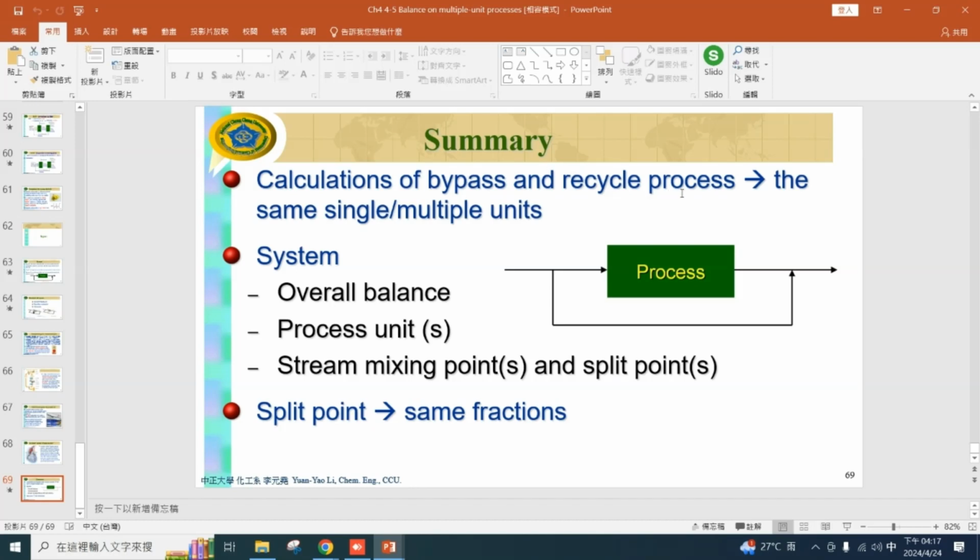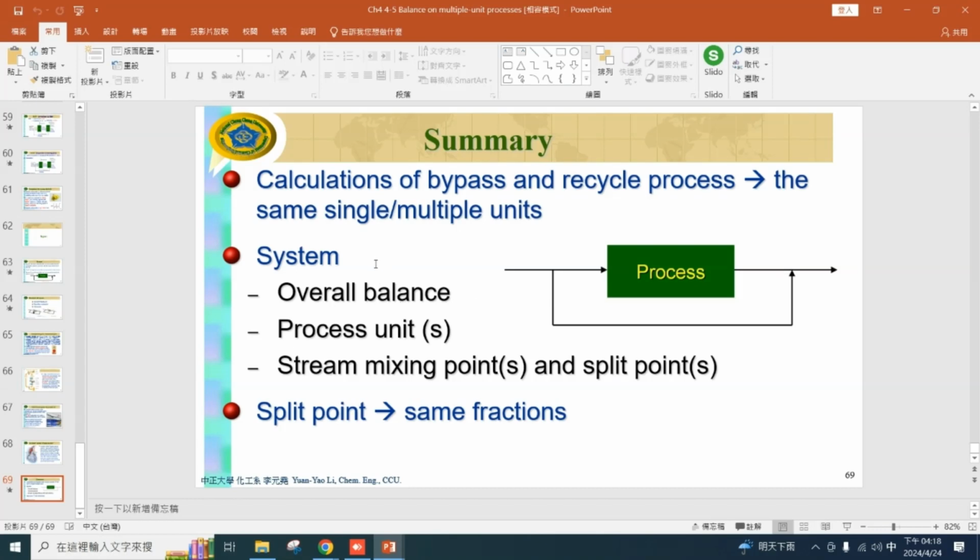The calculation of the bypass and recycle process is exactly the same as the calculation of multiple unit processes, because we can regard this as a kind of join point, which is a single unit process, right? This join point of the two streams can be regarded as a single unit too.